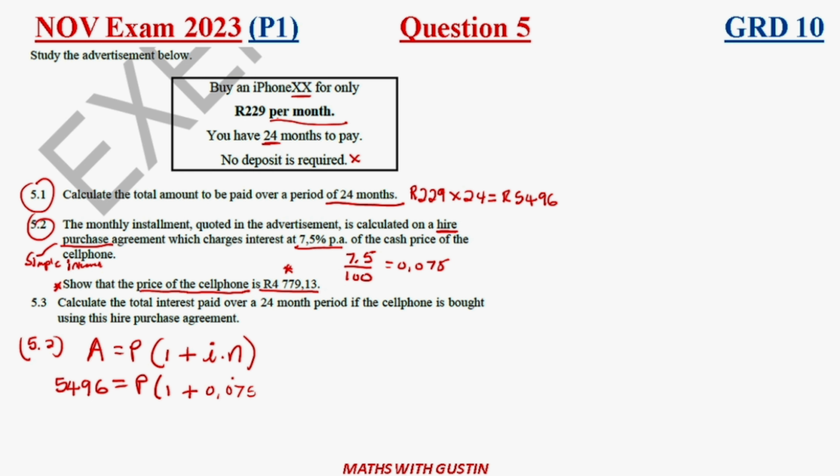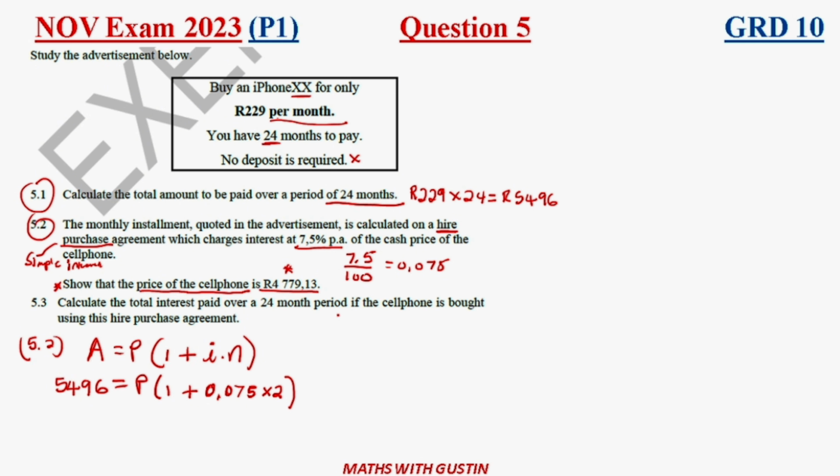And then what is n? n is 24 months, but the interest rate is per annum and not compounded monthly, so n will just be 2 years. Guys, it would be different if they said the interest is compounded monthly, then we would put 24 here. If you are a little bit confused, please go watch the video that we did on the basics of financial mathematics.